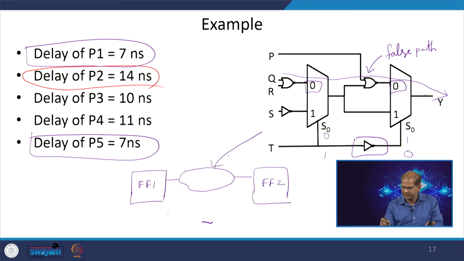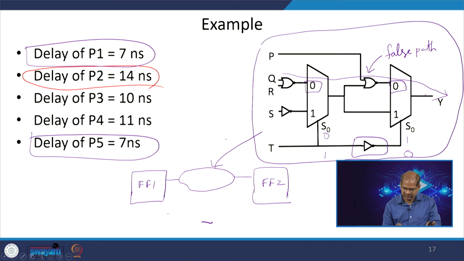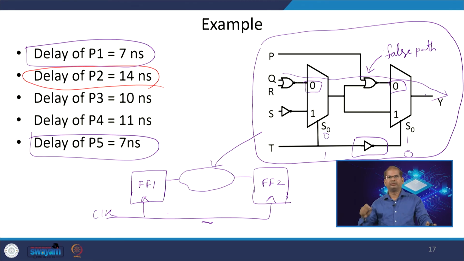Then the circuit as a whole represents this combinational circuit, and the short path for this design is 7 nanosecond, which is used for checking the hold violation.